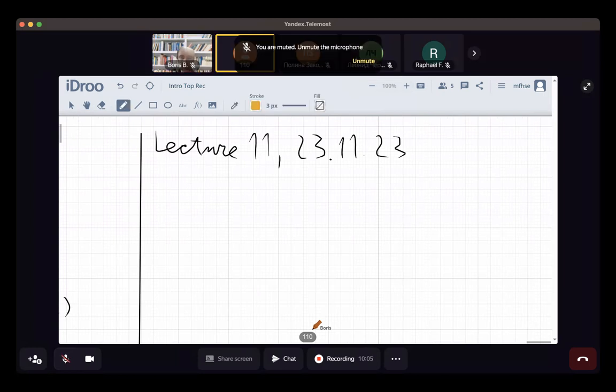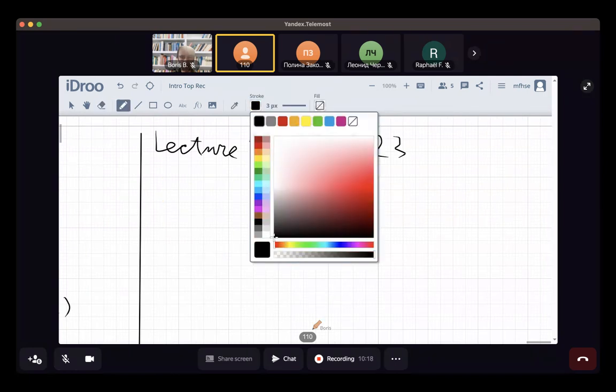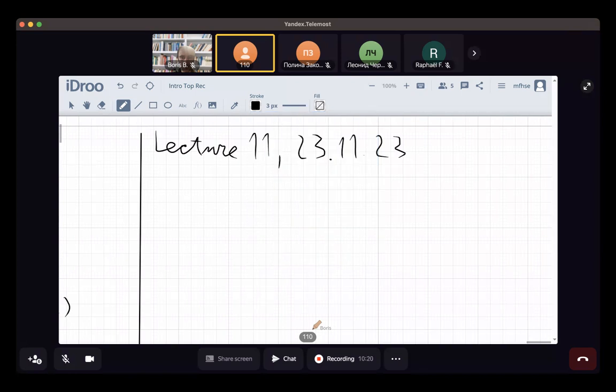So the claim is that, you remember our generating function.